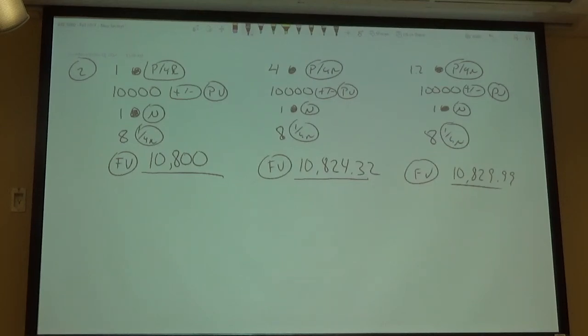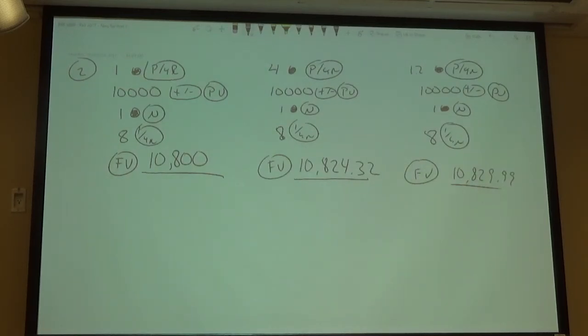All right, so what we're seeing here is, once again, the effect of the compounding interest rate. In the first instance, the amount of interest being generated off of $10,000 is basically $800. With quarterly compounding, you're getting $824.32 worth of interest.